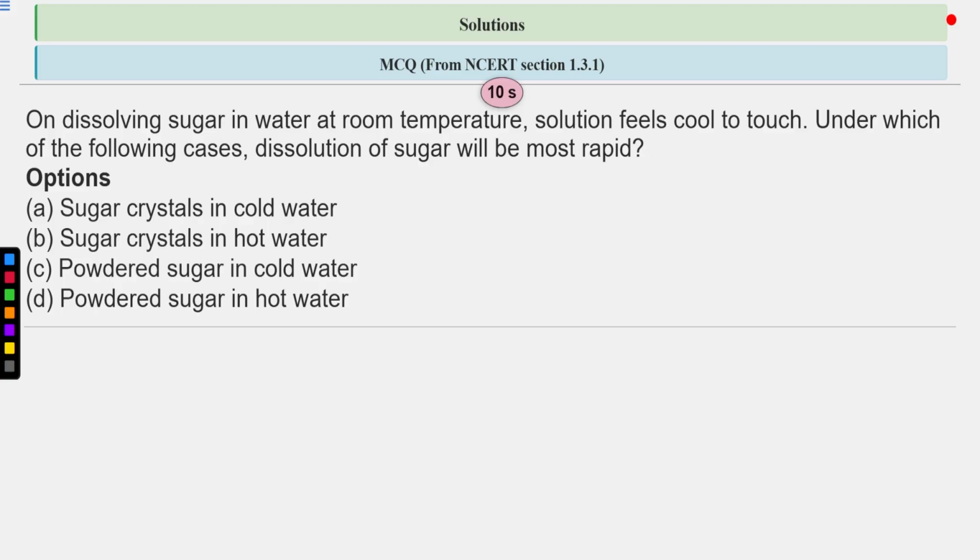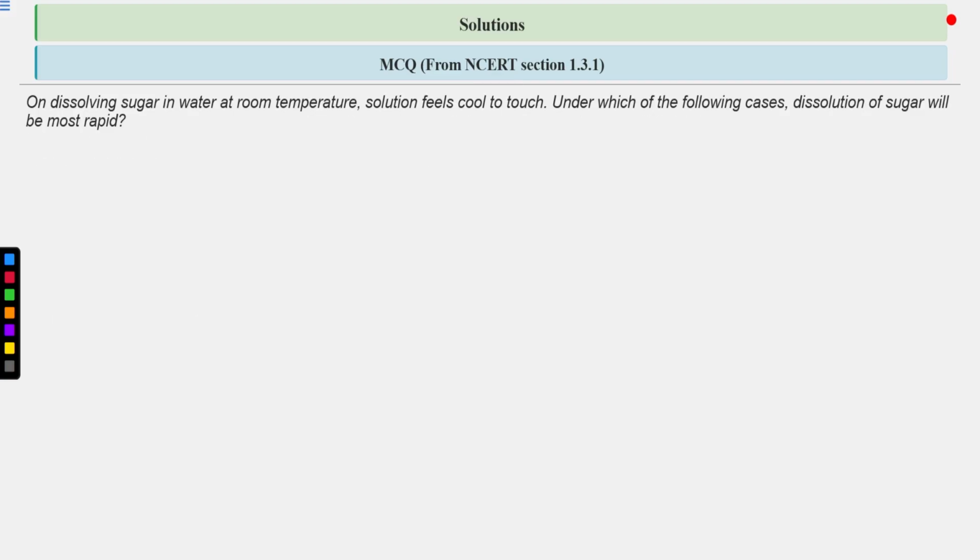Then we will see what its correct answer is. Okay, let's see. For this question, the correct answer is option D, which is powdered sugar in hot water. So let's see how.